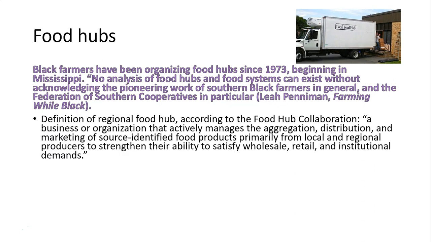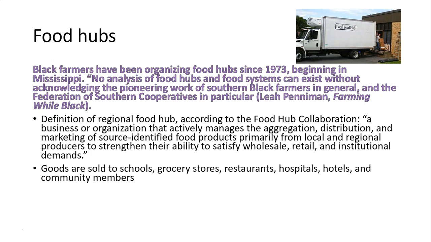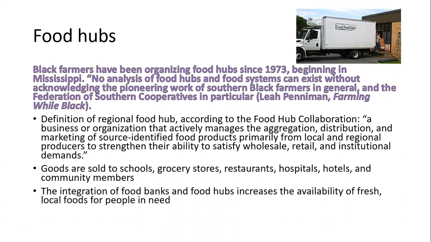The definition of a regional food hub, according to the Food Hub Collaboration, is a business or organization that actively manages the aggregation, distribution, and marketing of source-identified food products, primarily from local and regional producers, to strengthen their ability to satisfy wholesale, retail, and institutional demands. Goods are sold to places like schools, grocery stores, restaurants, hospitals, hotels, and community members.